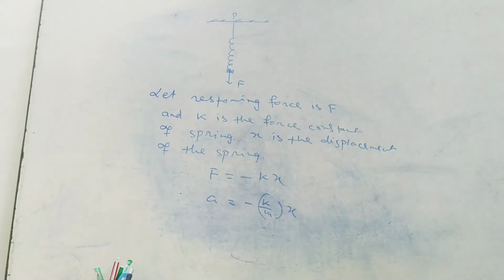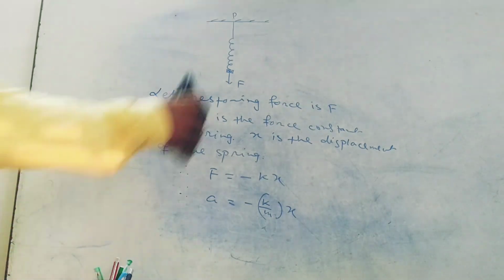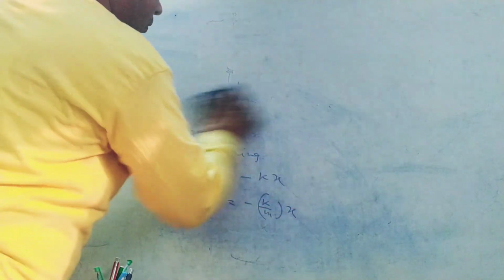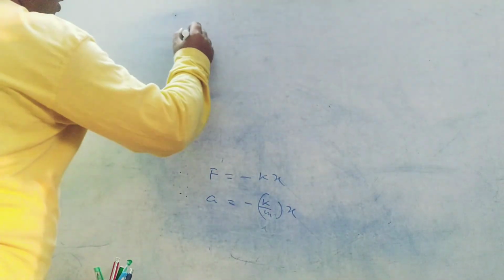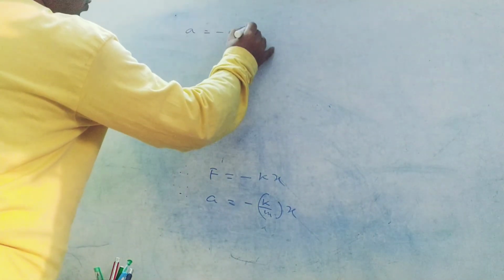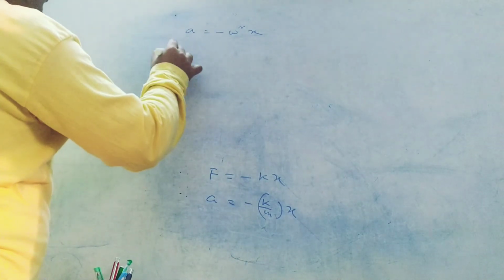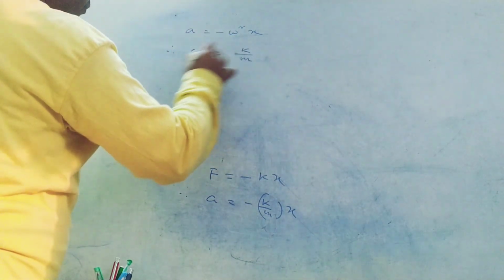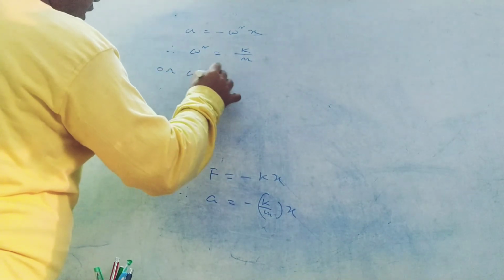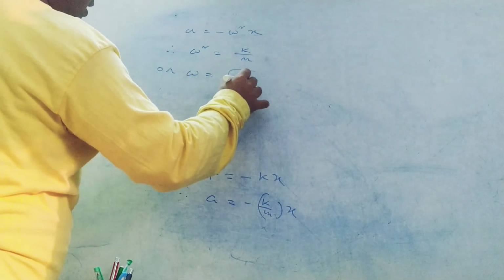Now we know that a is equal to minus omega square x. Therefore omega square is equal to k by m, or omega is equal to the square root of k by m.